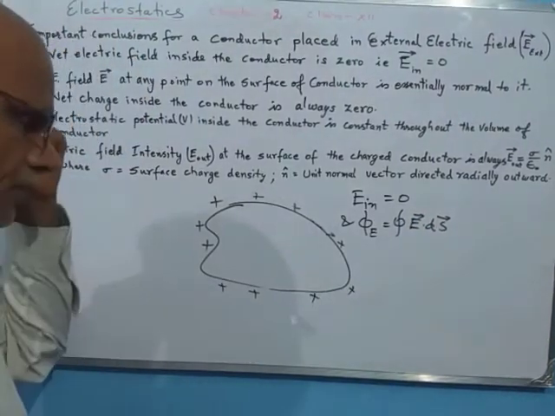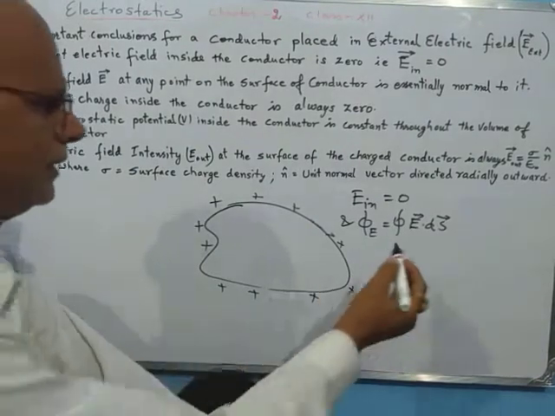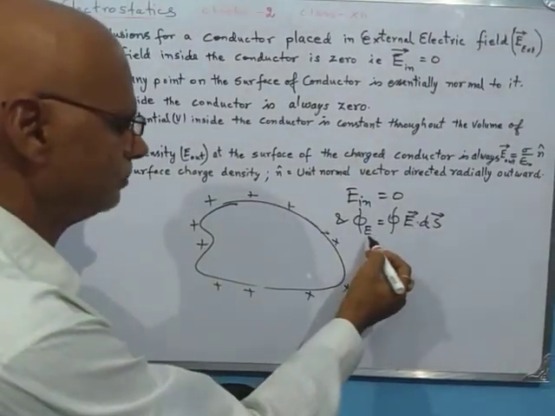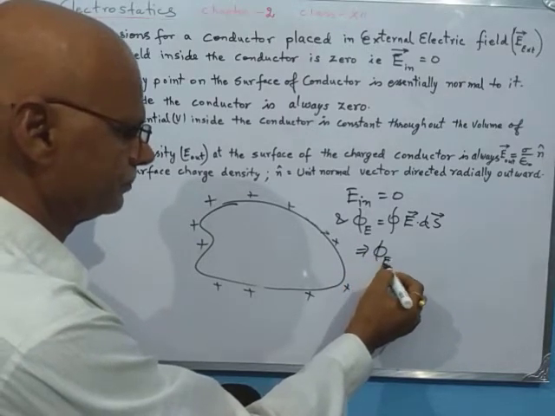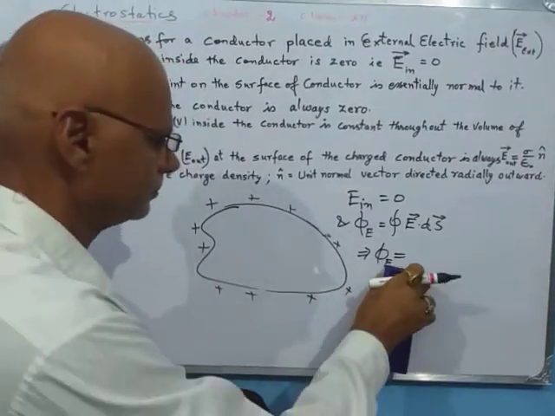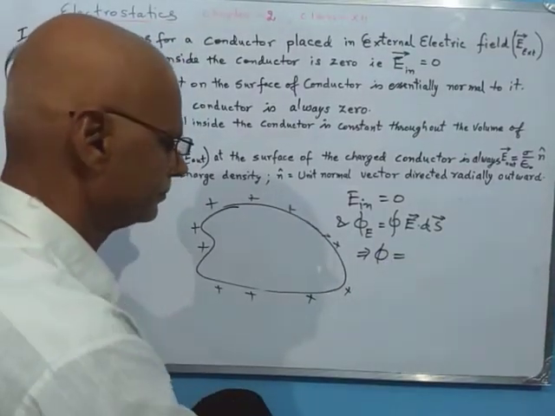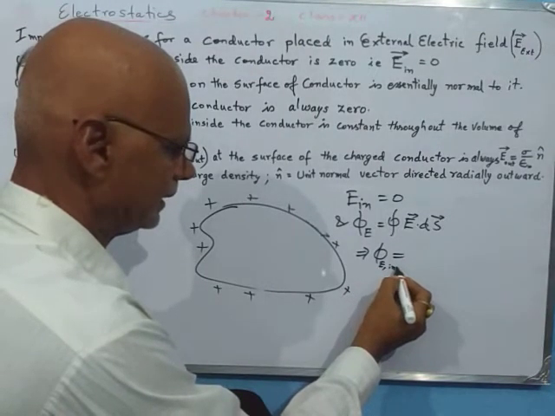Since the electric field is zero, E dot ds should be zero, which implies that the electric flux inside is zero.